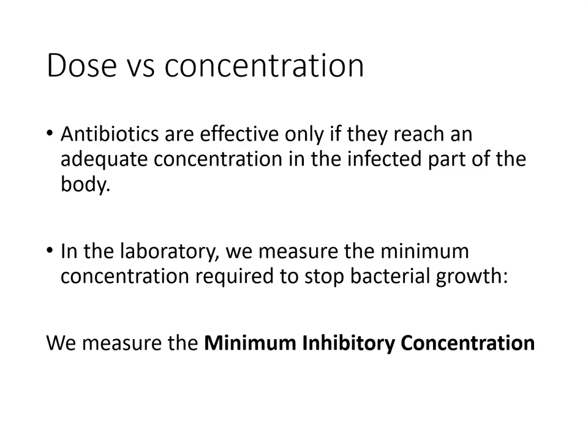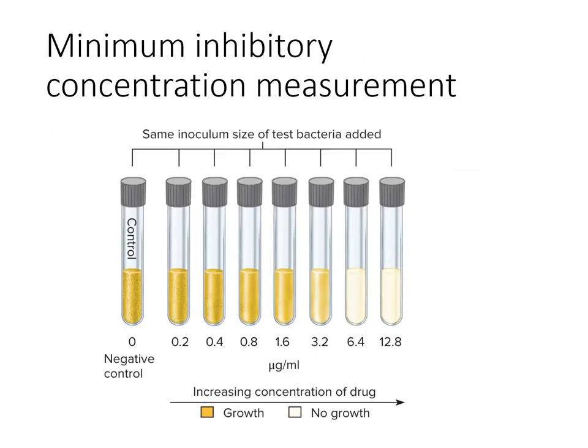So minimum inhibitory concentration is a very precise number that tells us, for a given antibiotic and a given bacterium, what concentration of the antibiotic is necessary to stop that bacterium from growing. So remember, some antibiotics are bactericidal, so they kill the cells.